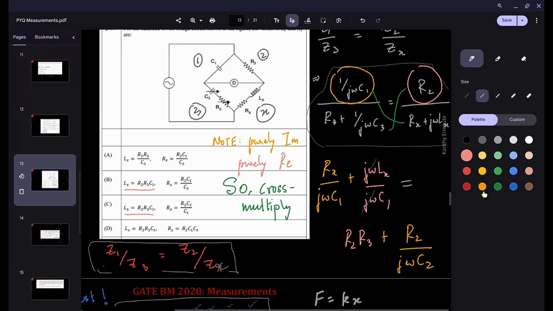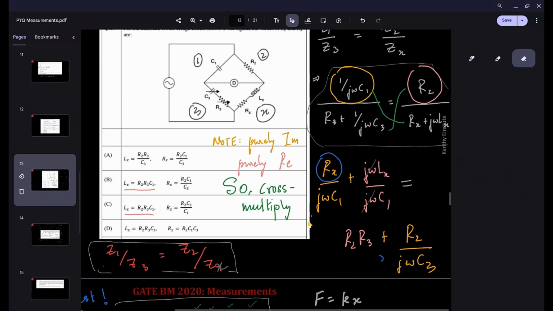Okay, I had a C3 there. So R2, C1 by C3. I'm trying to isolate this Rx by comparing this yellow with this yellow. J omega will cancel. So Rx will be R2 by C3 into C1.